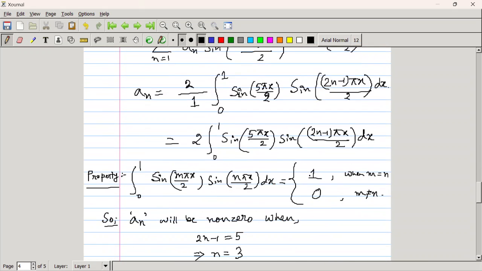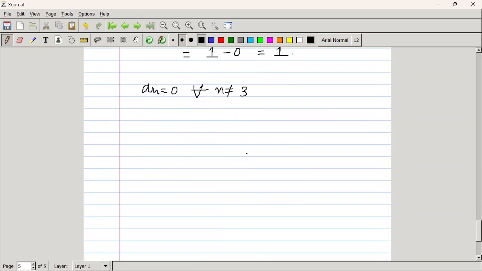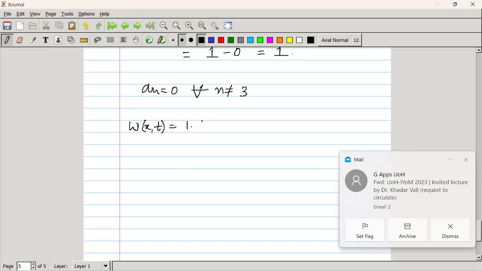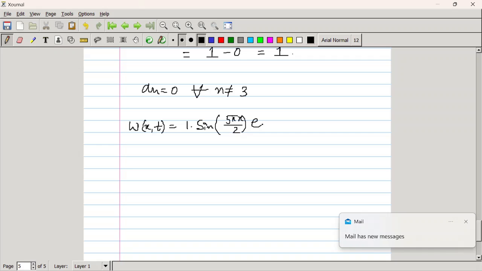So w of x comma t equals a3, which is 1, into sine 5 pi x by 2 into exponential, putting n equal to 3.